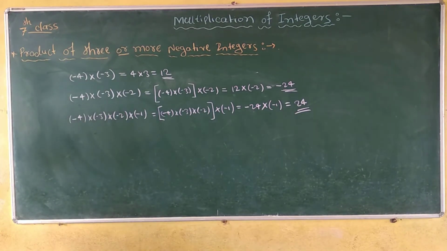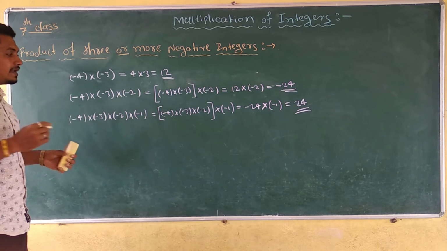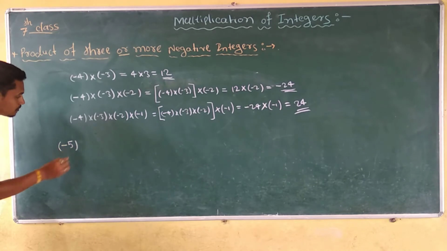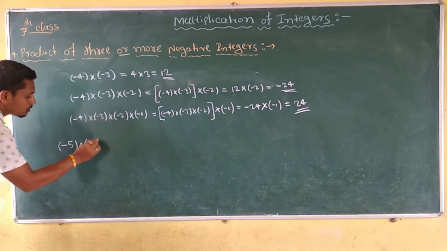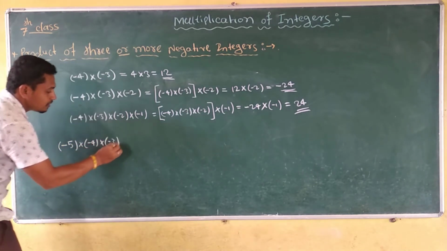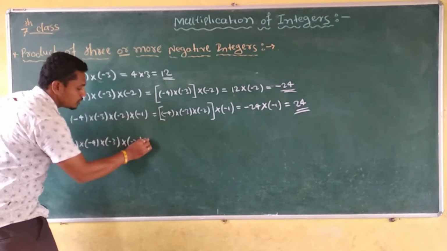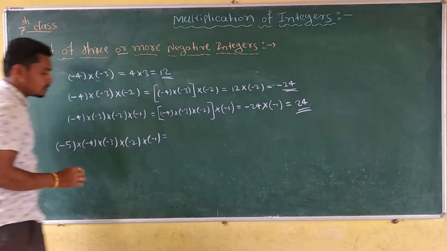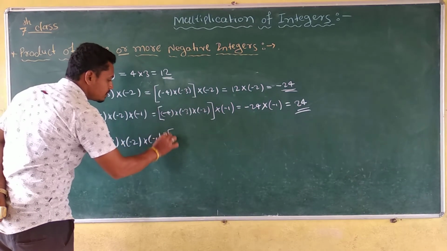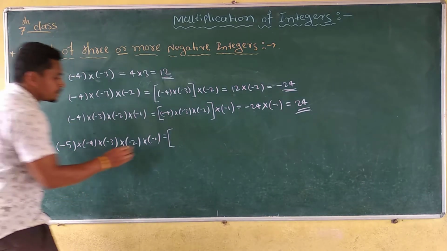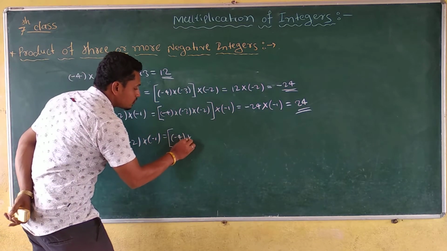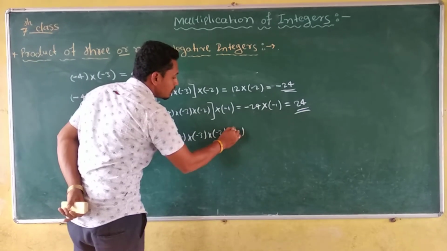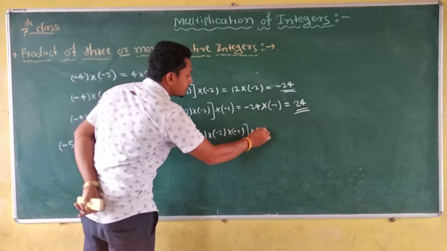It gives a positive integer. Next, what about five negative integers? Let's check here: minus 5 into minus 4 into minus 3 into minus 2 into minus 1 is equal to, in the bracket, minus 4 into minus 3 into minus 2 into minus 1, bracket complete, into minus 5.